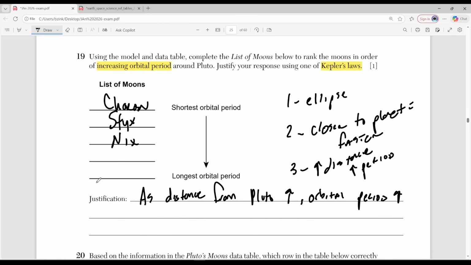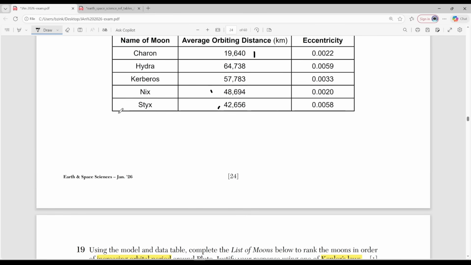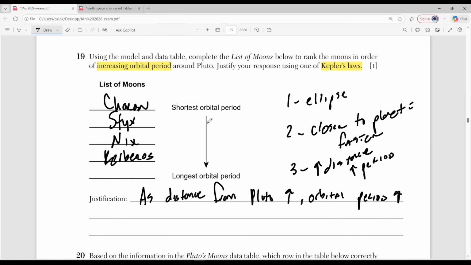I don't know what figure that is. And then the last one's going to be Hydra, which is the 3-headed monster from like Hercules. So Charon, Styx, Nix, Kerberos, Hydra, and we got our Kepler law.